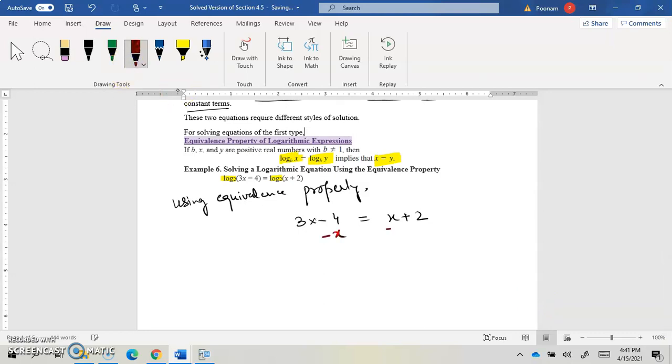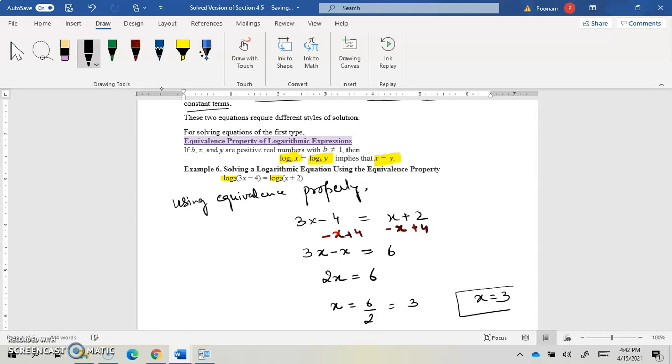We can subtract x on both sides. We will have 3x minus x, and we can add 4 on both sides, would be equal to 6. So 2x is equal to 6. Dividing by 2 on both sides, we have 3. So x is equal to 3 is the answer to the problem, the solution to the equation.